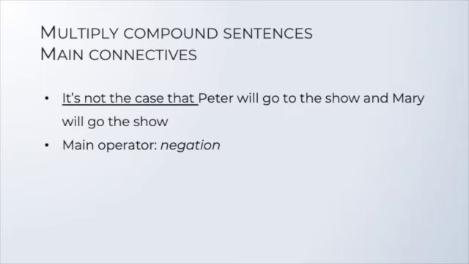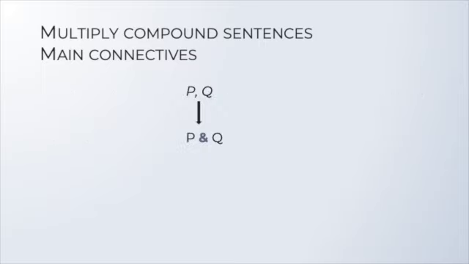This is how we could build it. First, we build the conjunction that is going to be denied, P ampersand M. Second, we apply the negation symbol to that whole sentence. So we can see that the tilde is the last operator to be incorporated, and the resulting sentence can be characterized as the negation of a conjunction. So the main operator is the negation.